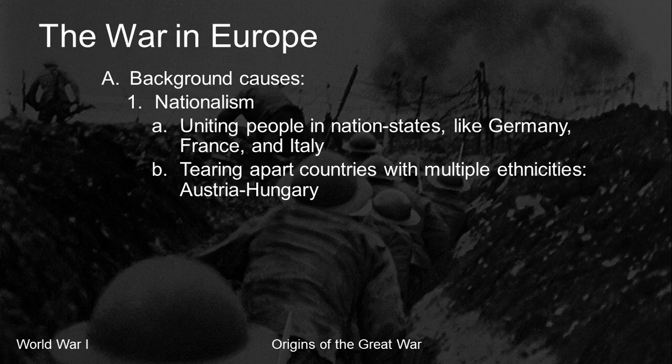The Austro-Hungarian Empire had conquered different peoples throughout Europe. And so within this one country, you have Poles, Czechs, Slovaks, Serbs, Romanians, all these different ethnic groups, everybody with their own culture, their own language, their own desire for independence, and their own nation state. And it was tearing Austria-Hungary apart.